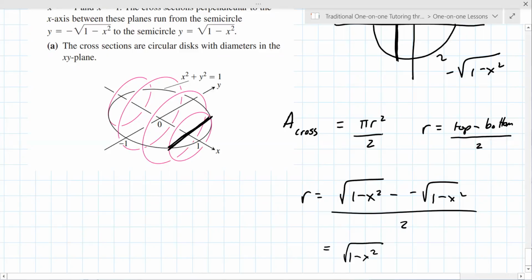And that's your r. So your integral is this area, pi r squared, but your r is the square root of 1 minus x squared, squared, all over 2 dx. And then you go from -1 to 1.